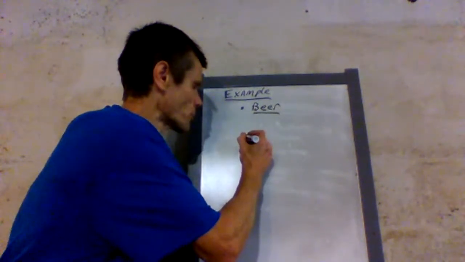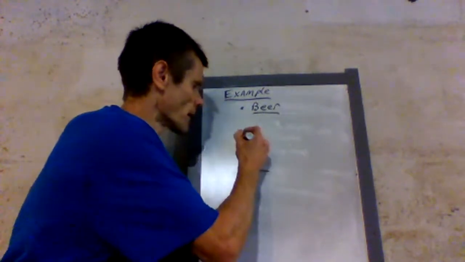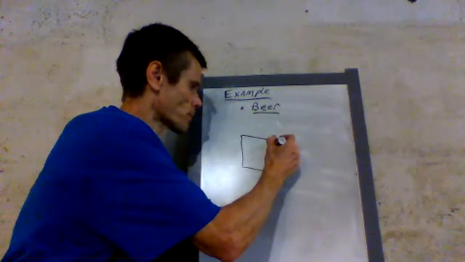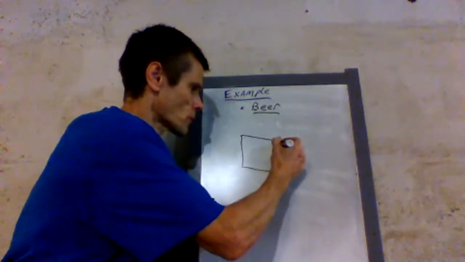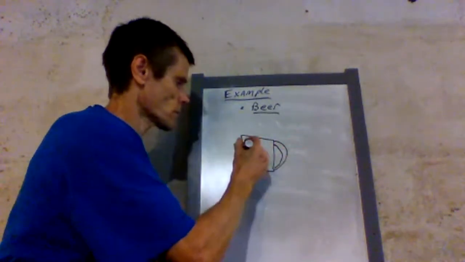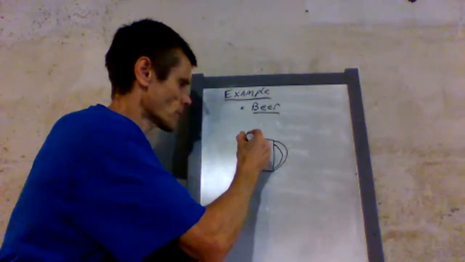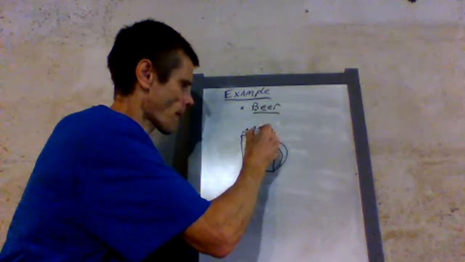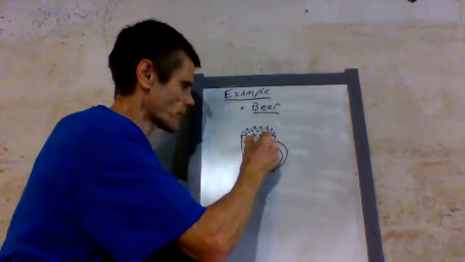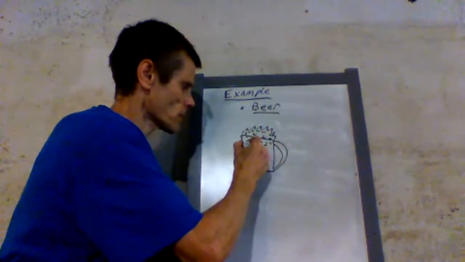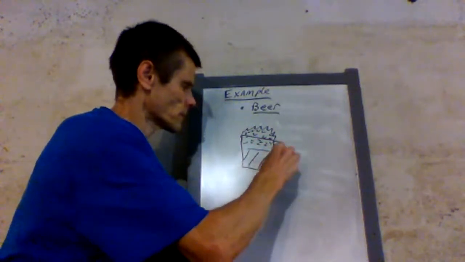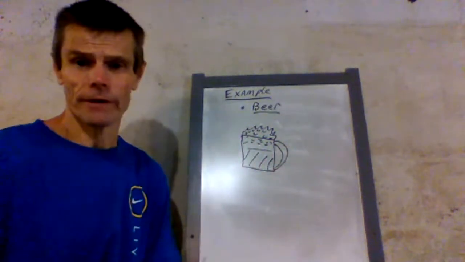If we pour it out into a nice mug, there's our mug. You're going to get foam on the top, and you're probably going to get some foam in here. And down the bottom, you're going to get a yellow appearance like that. That's our mug of beer.